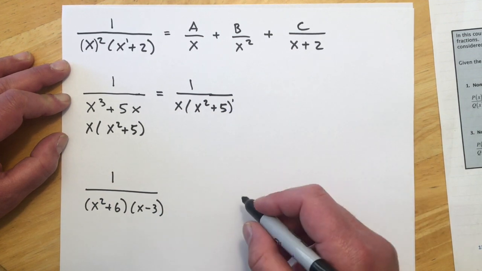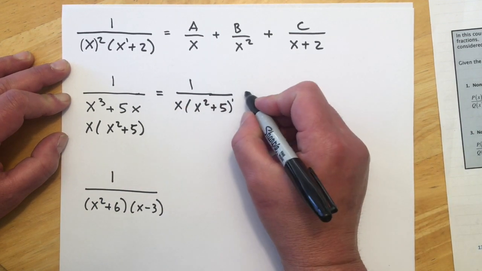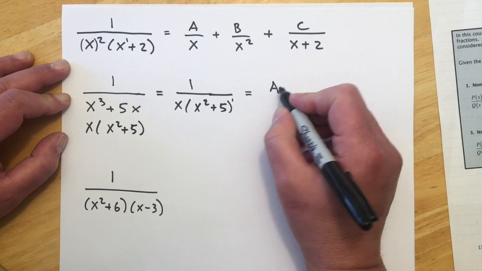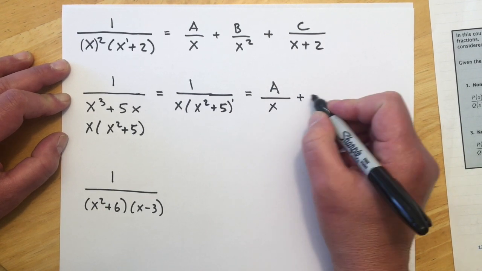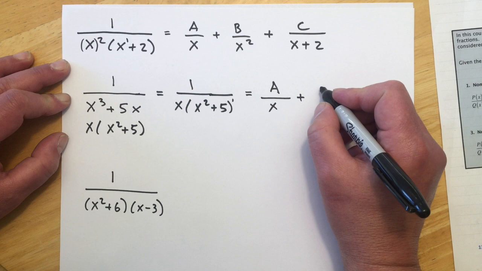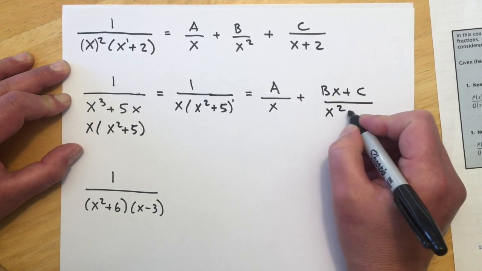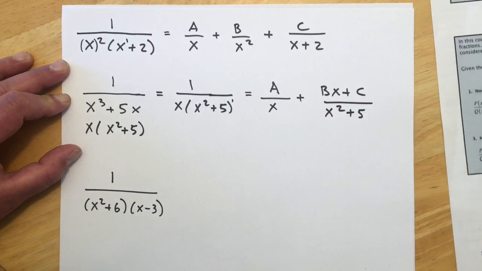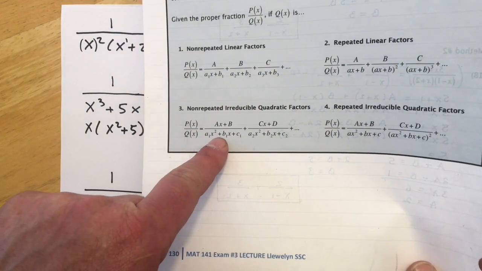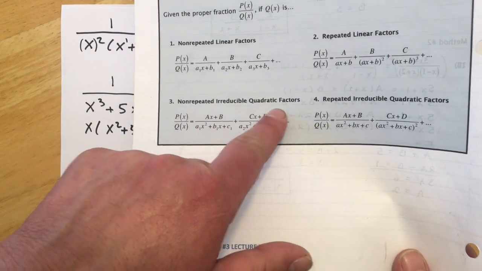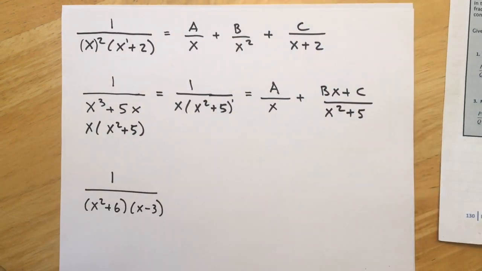It's to the first, so it's not a repeated quadratic, but it is a quadratic. So this is going to set up A over x, and then finally for the quadratic, we need our Bx plus C over x squared plus 5. And so there's a non-repeated irreducible quadratic factor. That's what that one is.